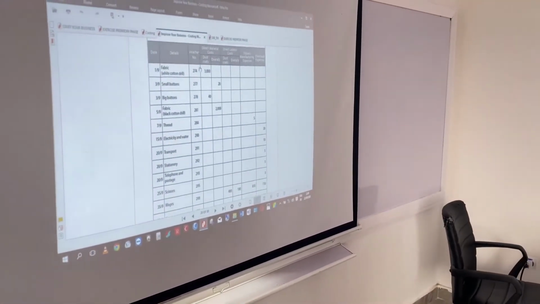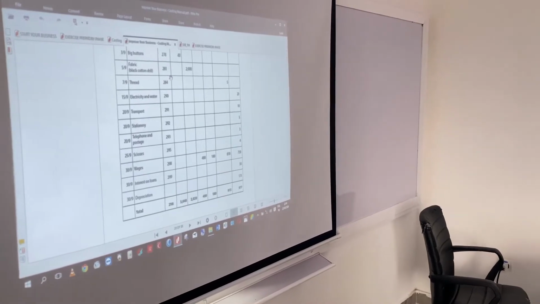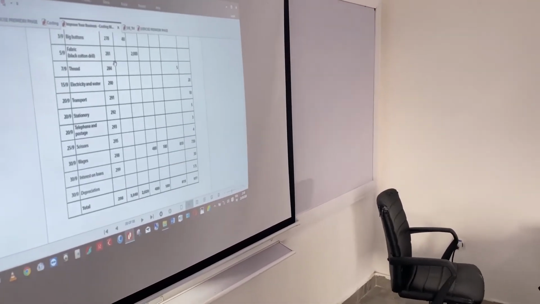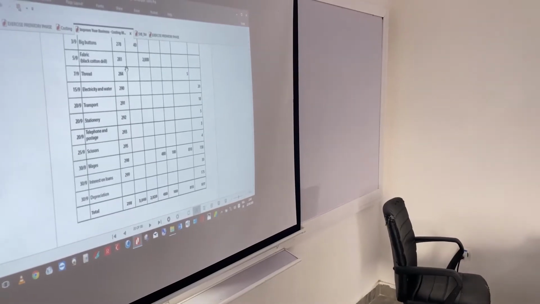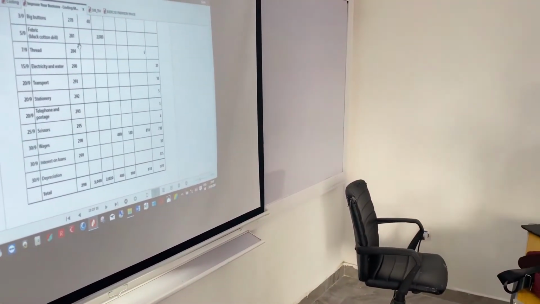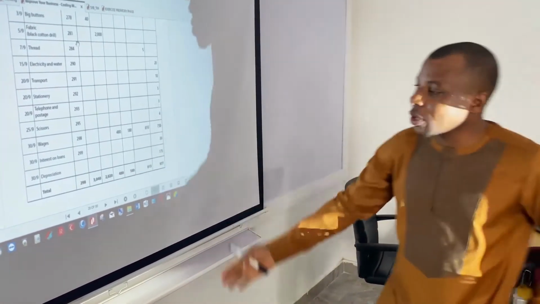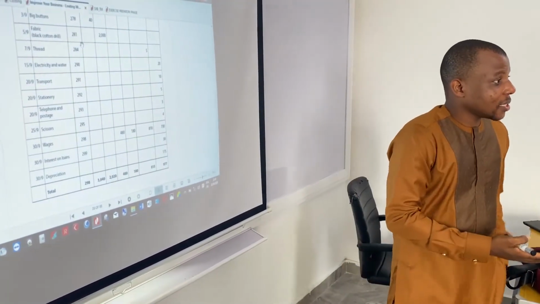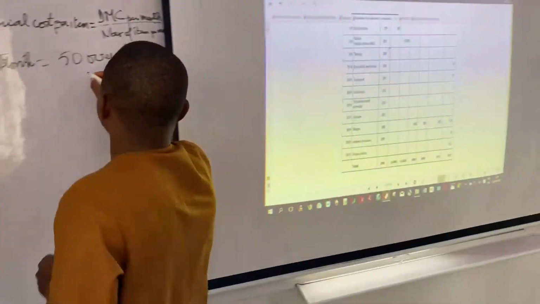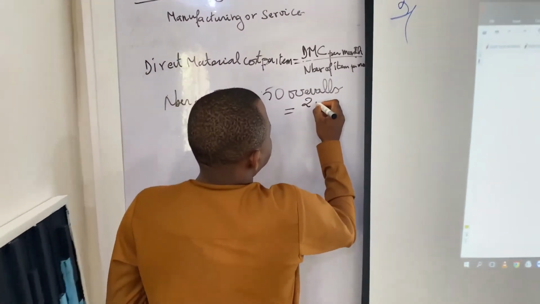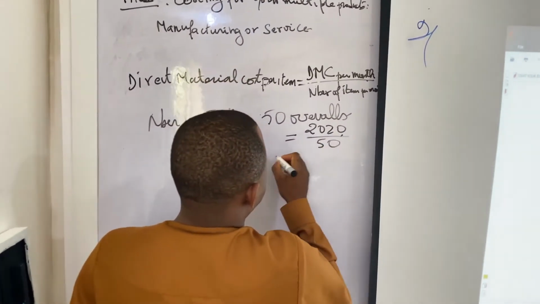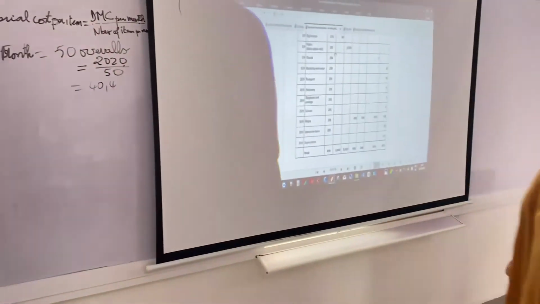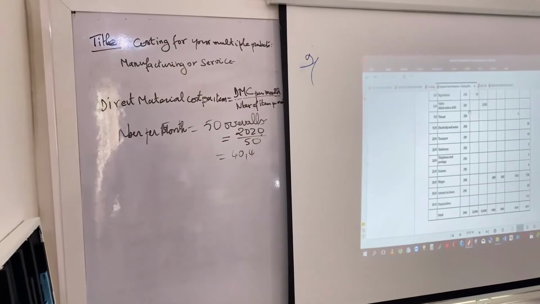So let's go down. It's how much? $2,020. Okay, 2020. So we can now calculate, right? Sure. So we proceed. $2,020 divided by 50. How much is it? So 40.4, right? Okay. So now that's the first one.